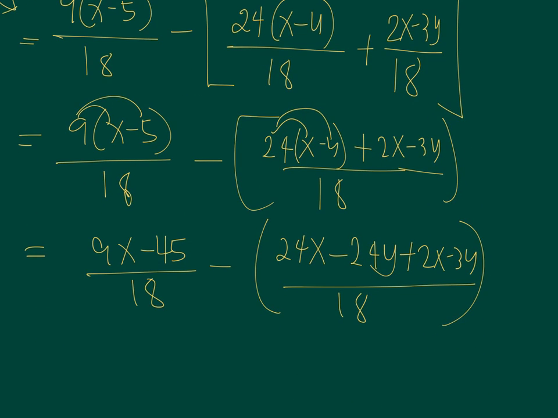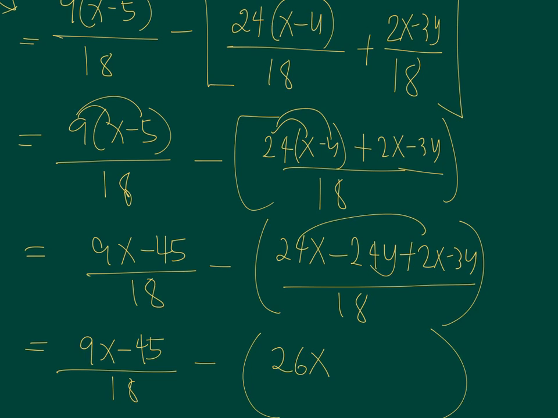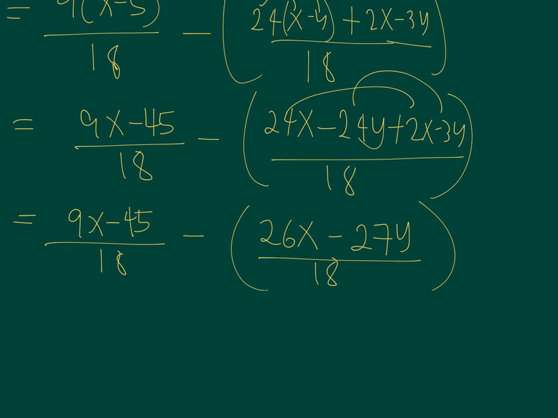Then 24x plus 2x is 26x. Minus 24y minus 3y will be minus 27y. And then divided by 18.